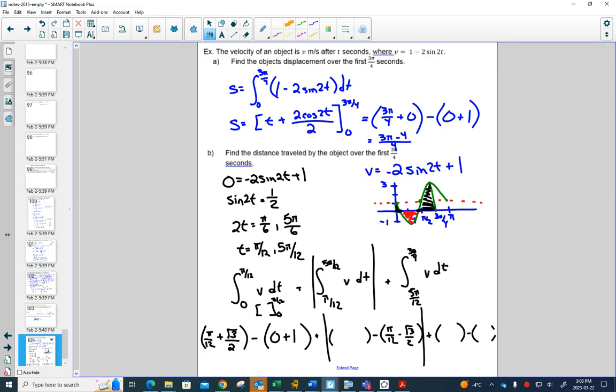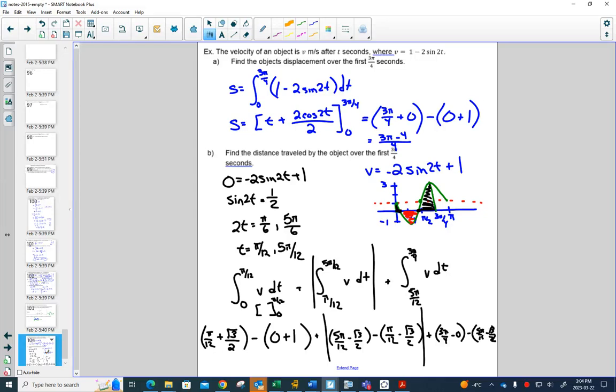Now we have to plug in 5 pi over 12. When you plug it in here, you will get 5 pi over 6. Cos of 5 pi over 6 is negative root 3 over 2. And the last one, we can steal values from before because we've got the 5 pi over 12 minus root 3 over 2 from this one, and 3 pi over 4 minus 0 from that one. Wow.